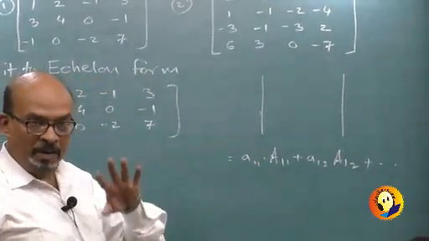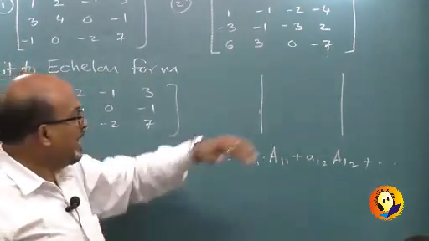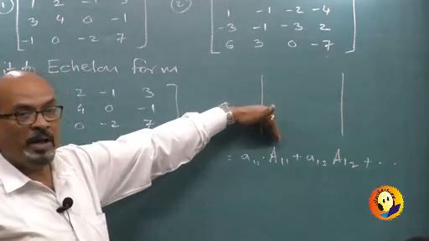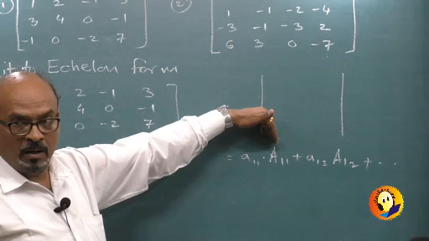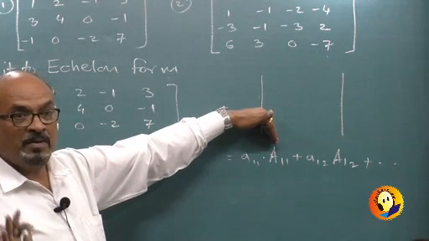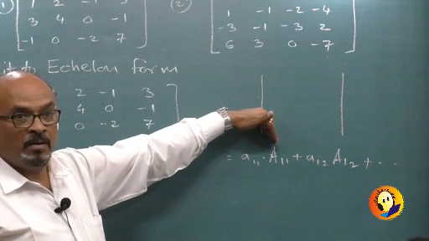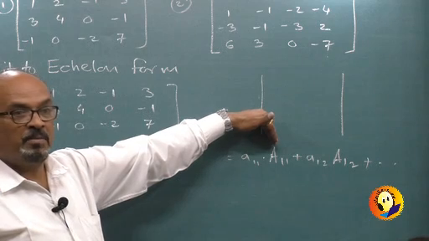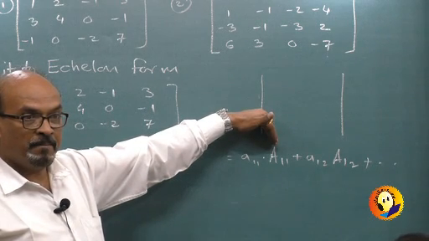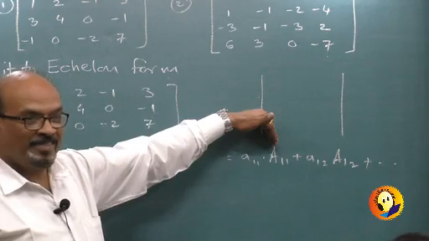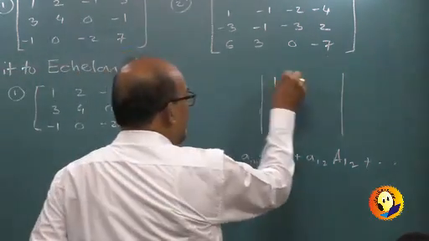But remember that if I reduce this determinant's lower triangle to 0, are you getting me? Then what will be the value of the determinant? It will be the product of the diagonal elements. Okay, what is the value of this determinant?